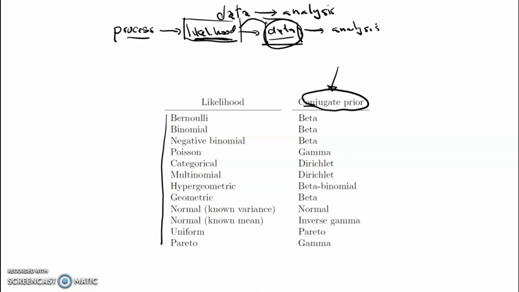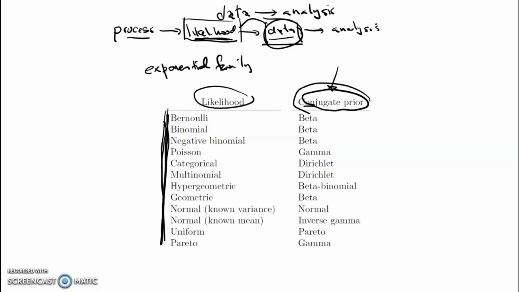As long as the likelihood function is a member of the exponential family, then all these are members of the exponential family, so they're going to have conjugate priors that are also members of the exponential family, and that's going to make calculation of the posterior distribution extremely simple.